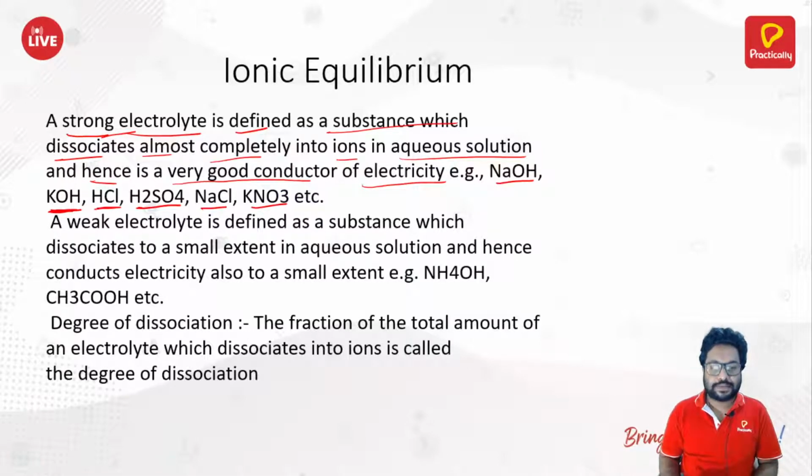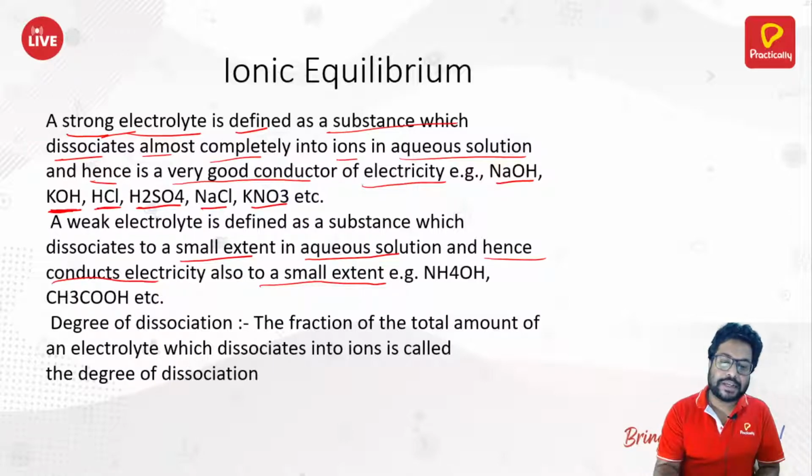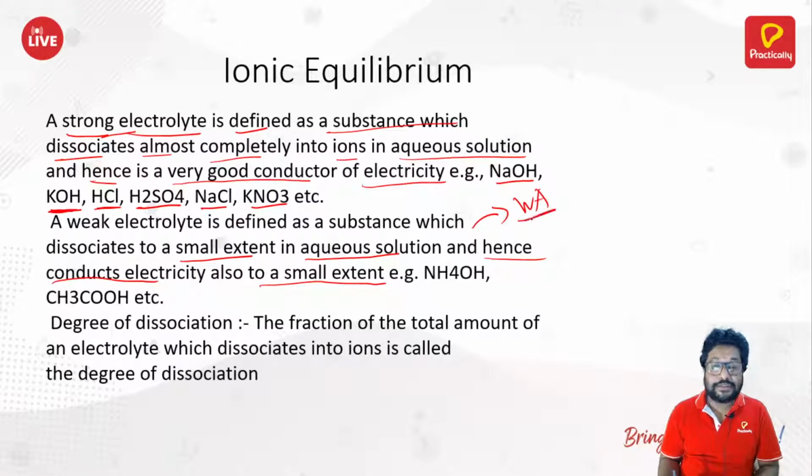Then what is a weak electrolyte? A weak electrolyte is a substance which dissociates to a small extent in aqueous solution, and hence conducts electricity to a small extent, which is obvious. If they dissociate to a lesser extent, they will produce fewer ions, and fewer ions means less electricity. So what are weak electrolytes? Weak acids, WA, and weak bases, WB.